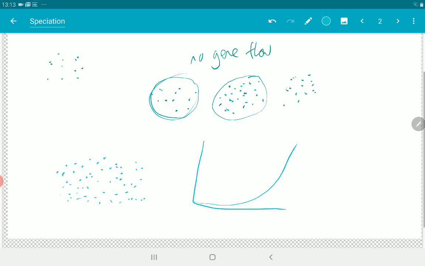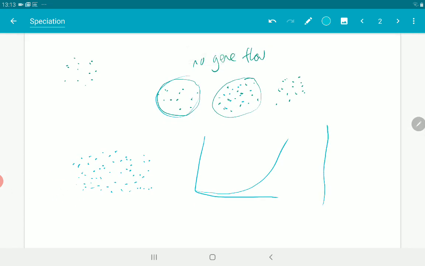If we just look over time, this is time here, and here are our individuals. As we pass through time, something happens that means that we've got less and less individuals, and this we call a bottleneck because it looks like a bottle. Okay?